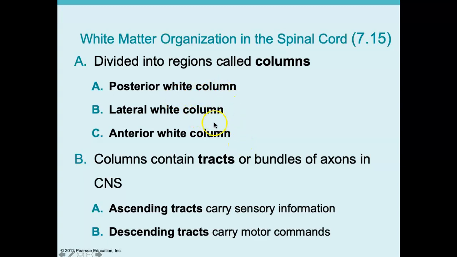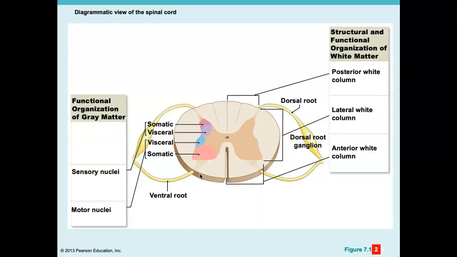We don't need to identify these parts of the spinal cord. But the columns, the white matter, contain columns going up and down. These are bundles of axons. So you can imagine incoming information is carrying sensory information up. So the ascending tracts have sensory information, and then the descending tracts are coming down with the motor commands.